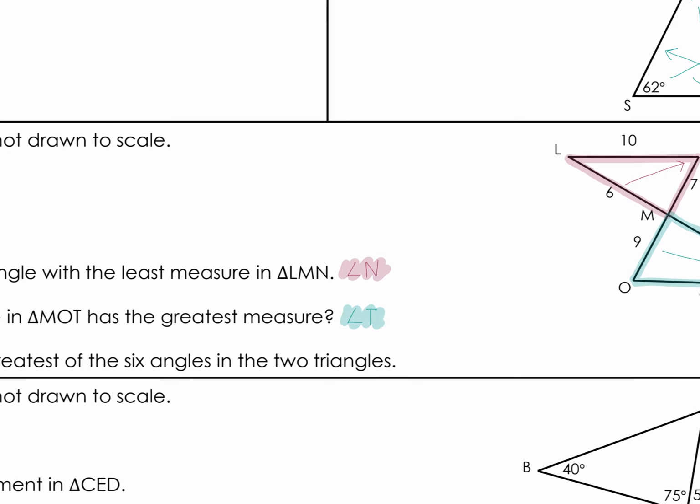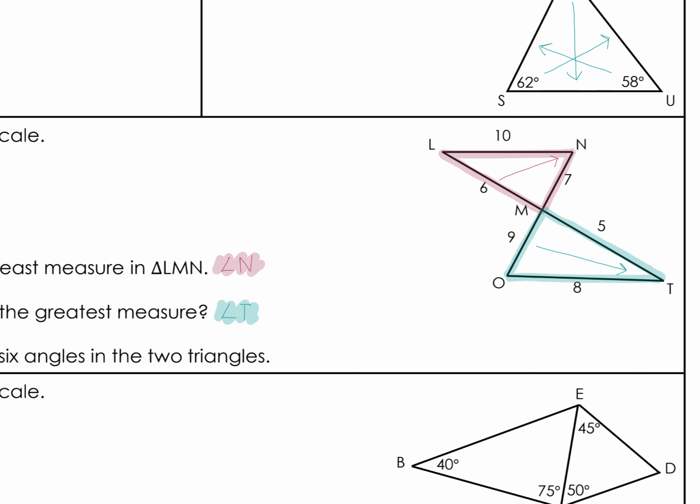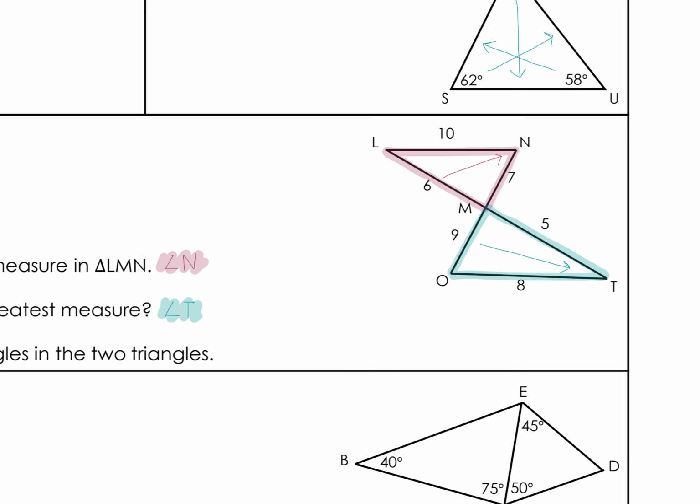And then in the last one, they are asking us to name the greatest of all 6 angles in the 2 triangles. So what we need to do is we need to compare. The one thing I want to mention is just because it's the largest side does not mean it's the largest angle in all of them. It just means in that specific triangle, it'll be the largest.